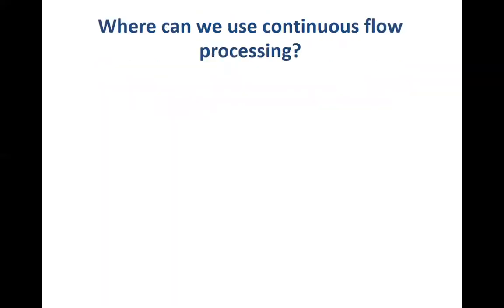Now, the question we have to ask for our current state map is, where can we use continuous flow processing? Let's look at the situation that we have at hand. We have welding 1, 39 seconds, welding 2, 46 seconds, assembly 1, 62 seconds, and assembly 2, 40 seconds. So we have 4 processes.